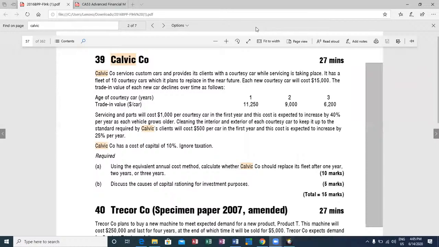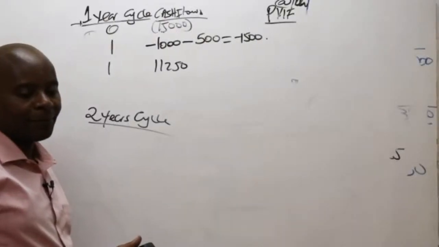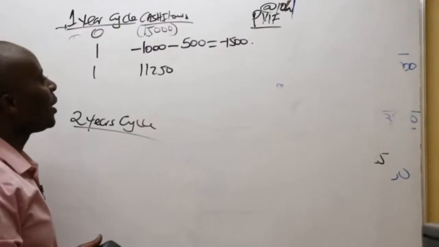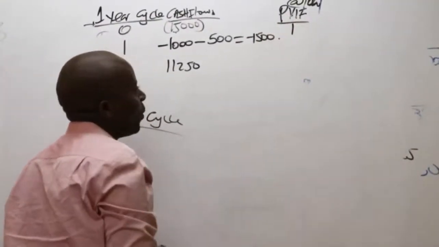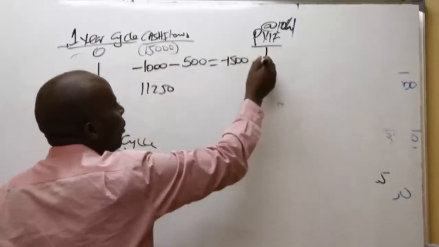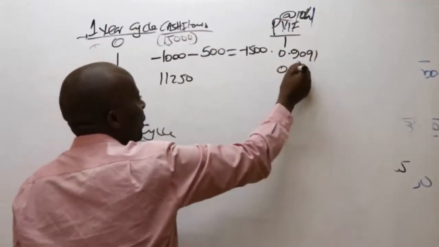So create a column here for PV, at 10%. I hope my cameraman is able to see me up there. 10% is quite easy to get the PVs. The first one is 1, and the second one will be 0.9091, which applies here because of year one.